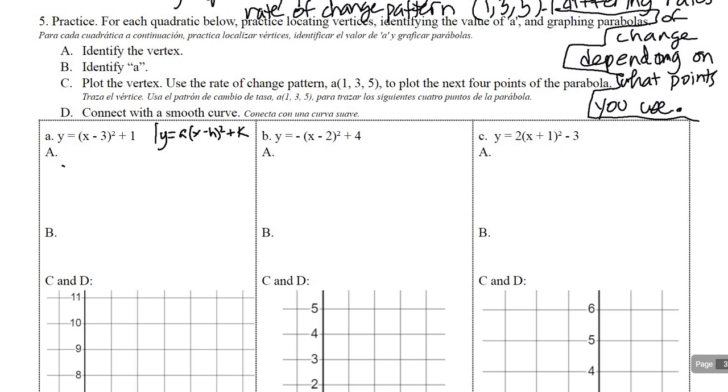Our vertex is going to be at (h, k), which is (3, 1).